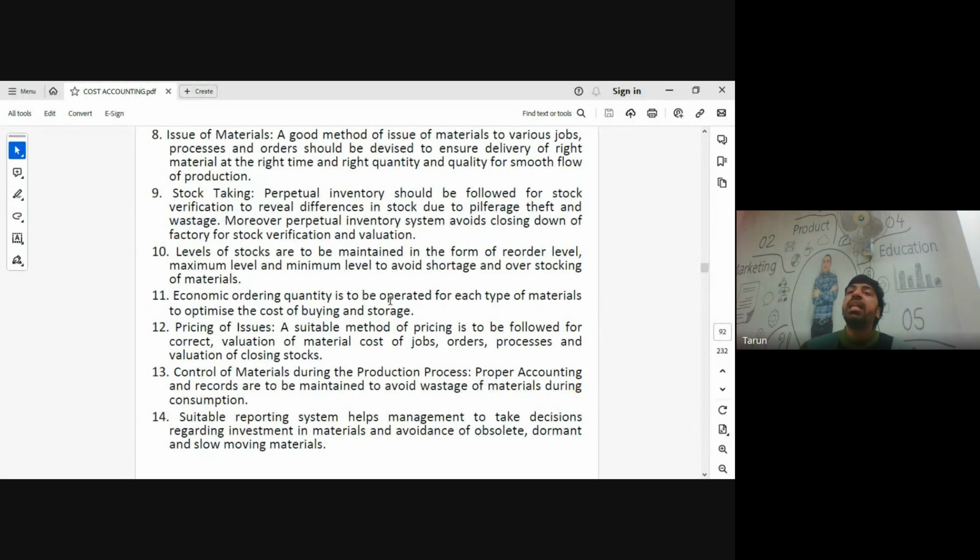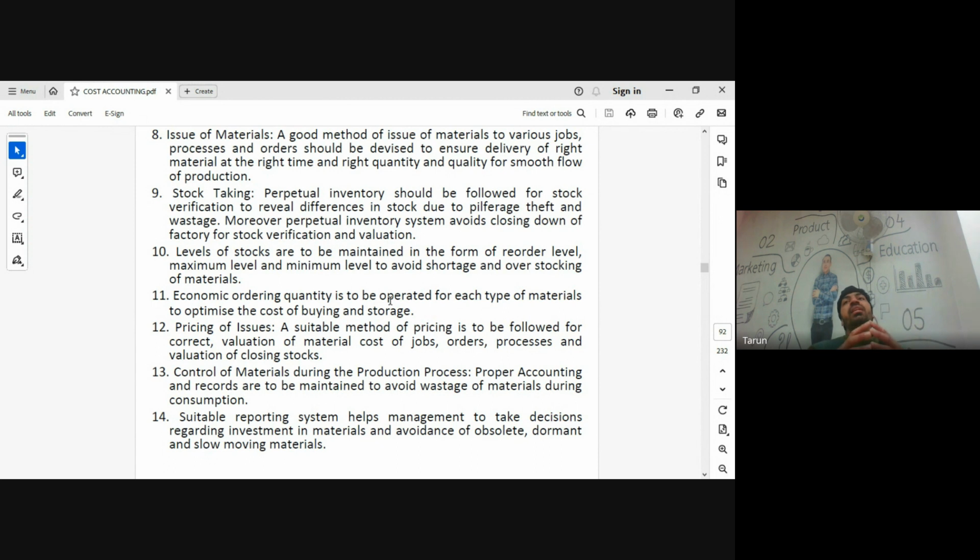It always helps that the factory should not be closed due to irregular verifications or inspections of the particular stock. Next one is levels of stock to be maintained in the form of reorder level. So whenever you order the materials, you have to reorder again.